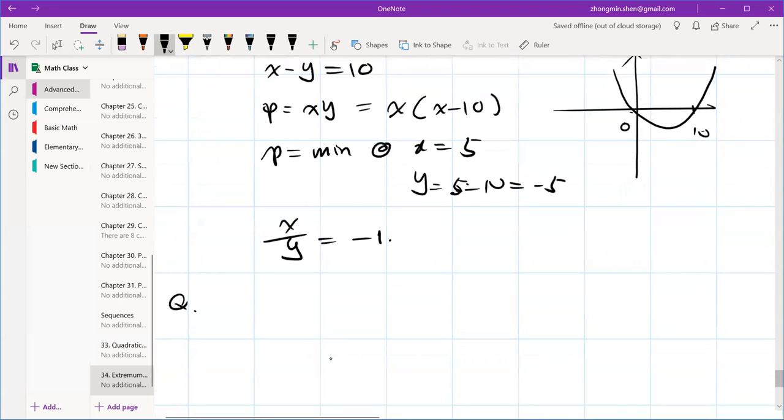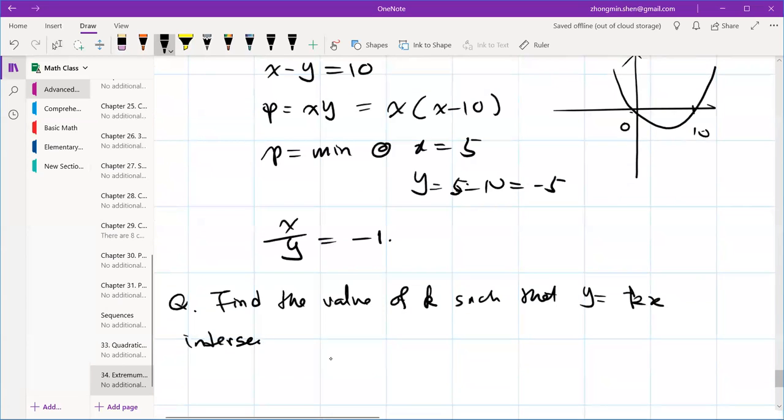Okay, my next problem will be to find the value of k such that the line y equals kx intersects the parabola only at one point.